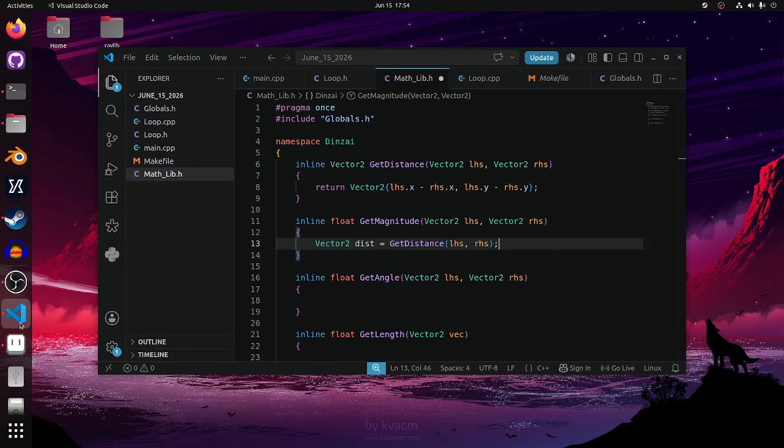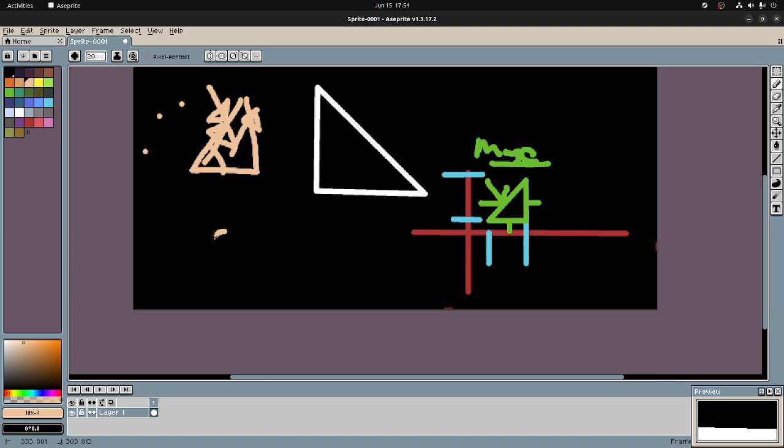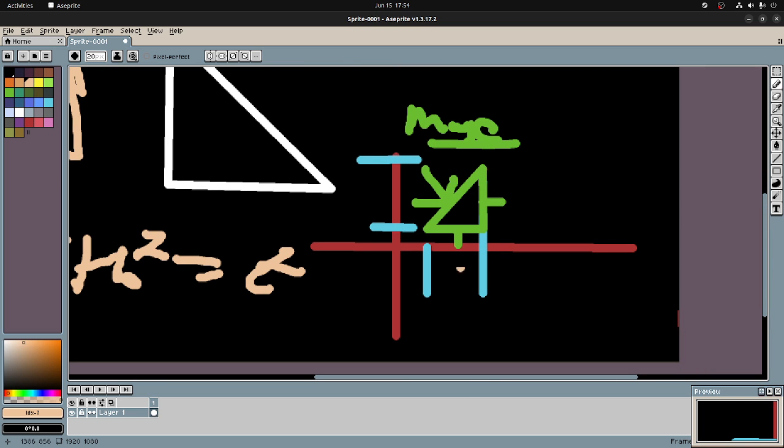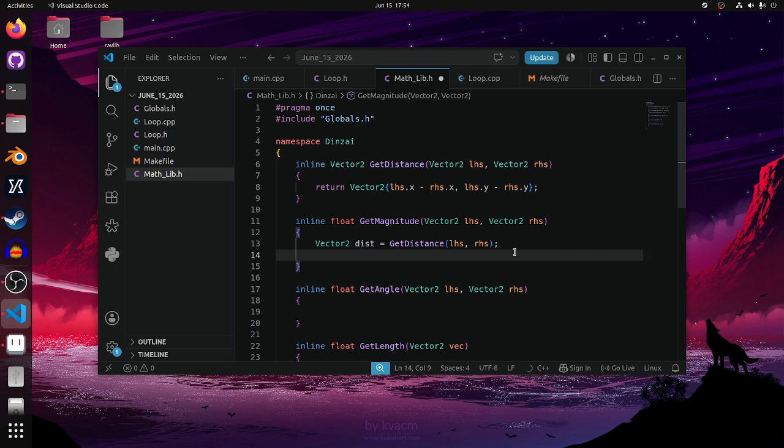Now, back over to Aseprite. If you have taken algebra, we know that a squared plus b squared is c squared. And so what we calculated here was our change in x and our change in y, our dx and our dy. We saved that in a vector 2, and this function did the math, and it gave this function that answer, that distance here. So our dist.x, this would be our change in x.